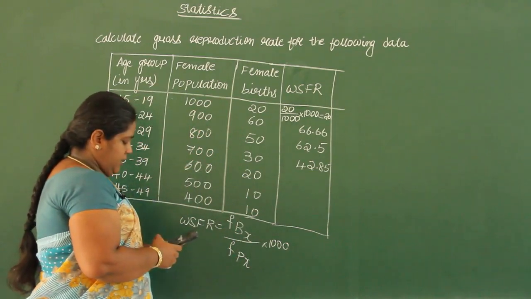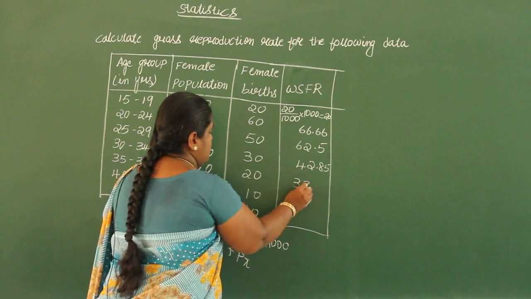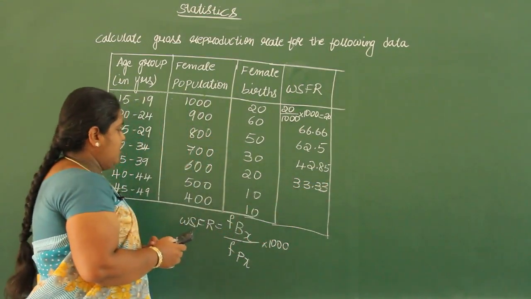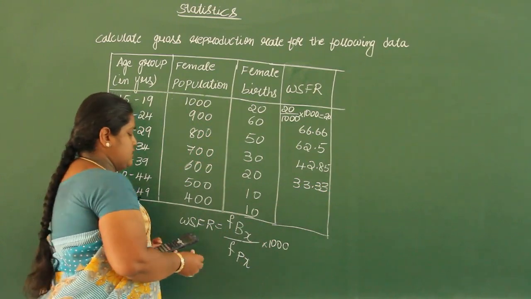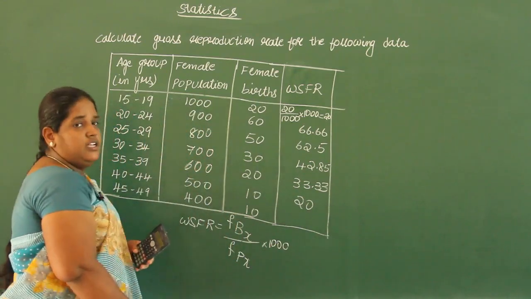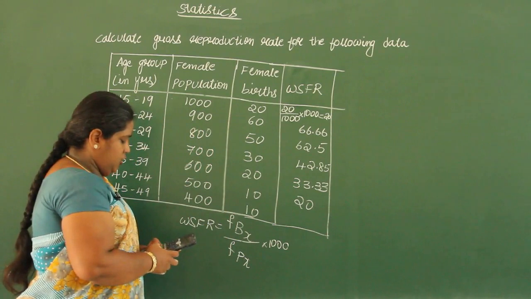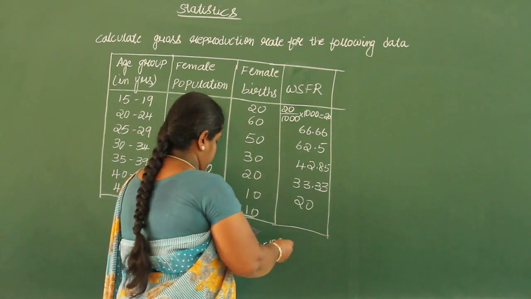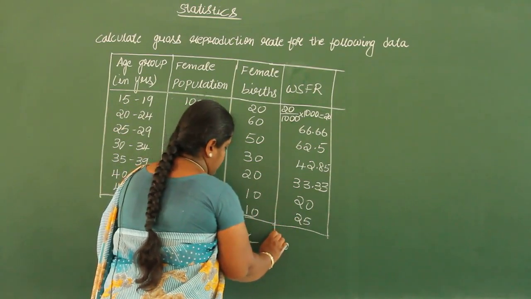20 divided by 600 into 1000, 33.33. 10 divided by 500 into 1000, 20. Then 10 divided by 400 into 1000, 25. So now do the total of this WSFR.